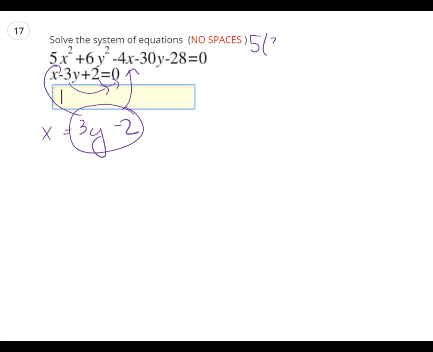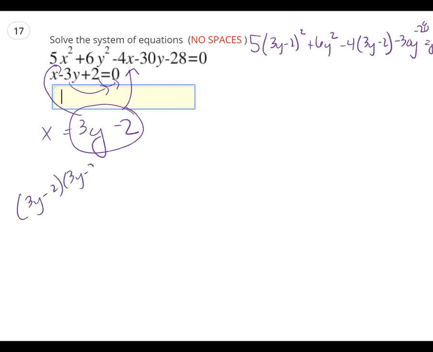So 5 times 3y minus 2 squared plus 6y squared minus 4 times 3y minus 2 minus 30y minus 28 equals 0. Make sure I have enough space. Squared means I do what? FOIL it, right? Write it twice.